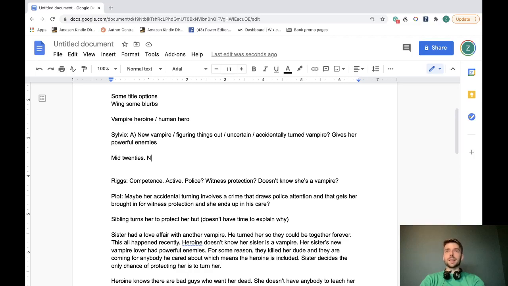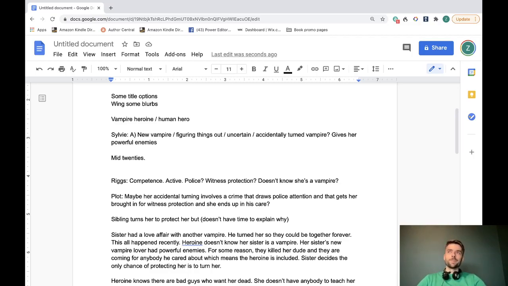So being mid 20s helps with that, just in general. I'm trying to think if I want her to be college educated or if that even makes a difference. She probably needs to be interested in something, so the college education could give me something to point her towards and help me circle her with some more realistic information.